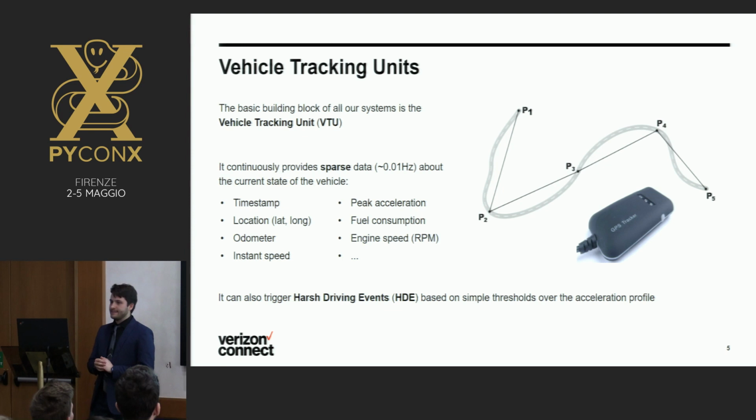And they work sending a message at a period of about 10 seconds, sending the current state of the vehicle, such as its position, its acceleration, its direction of movement, and so on. In addition, the VTU is able to trigger the so-called harsh driving events based on simple thresholds over the acceleration, which means if there is a strong brake, the acceleration goes over a certain threshold and the VTU sends a message.